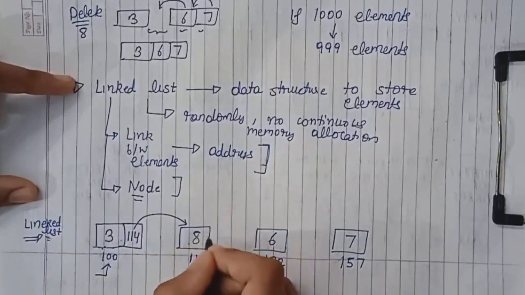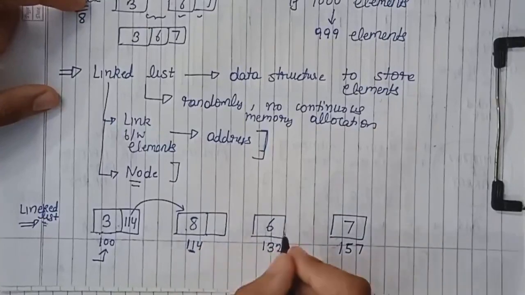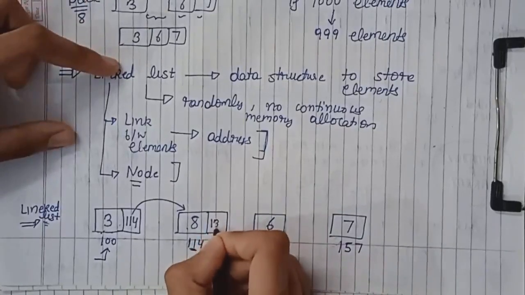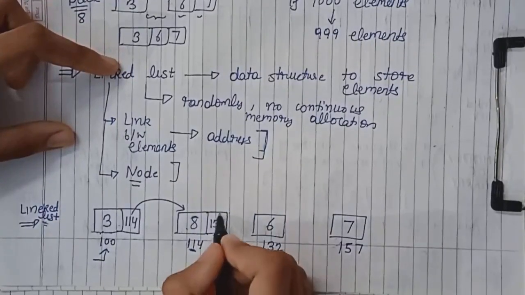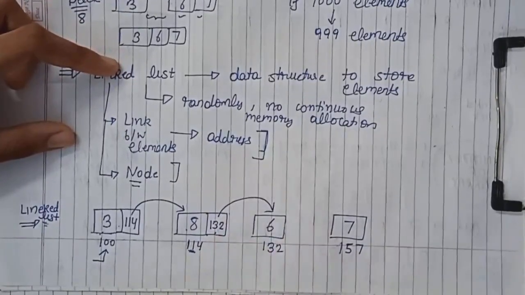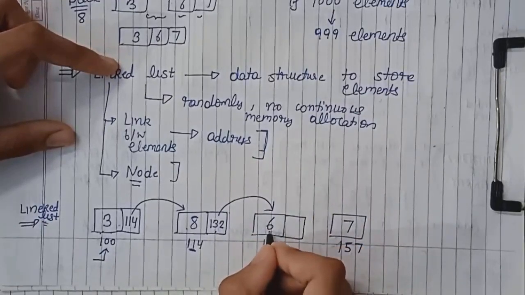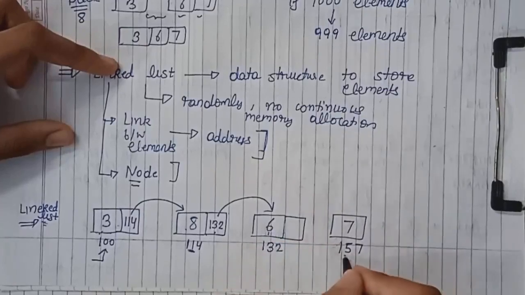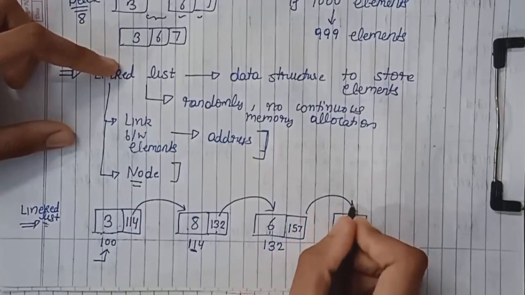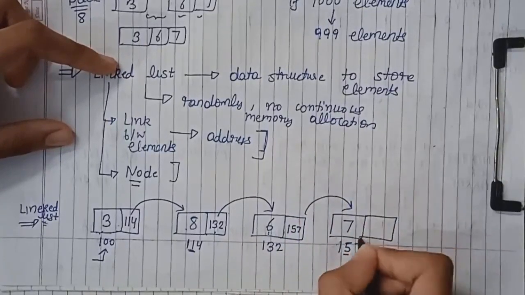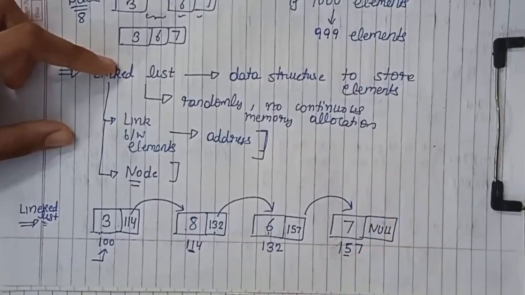When I read the second element, along with it I get the address of the third element, 132, and with the help of 132 I reach the third element. When I read the third element, along with it I get the address of the next element, which is 157. And after 7 there is no next element, so here I will store null.